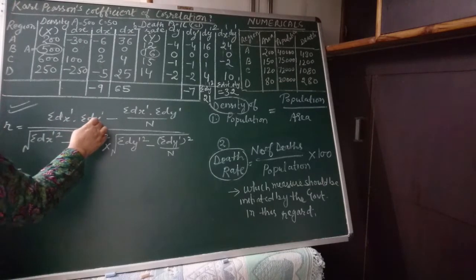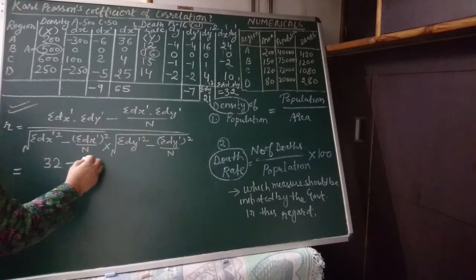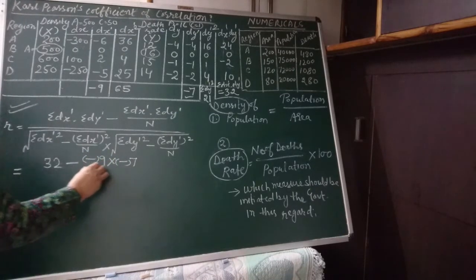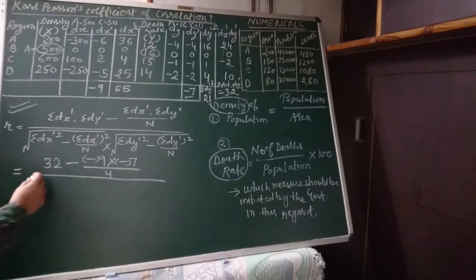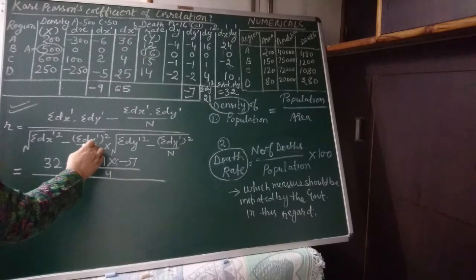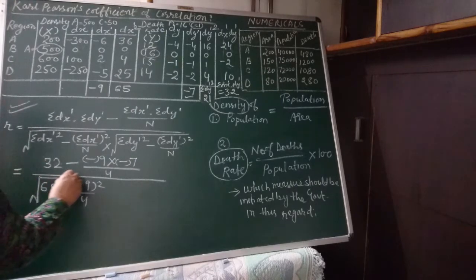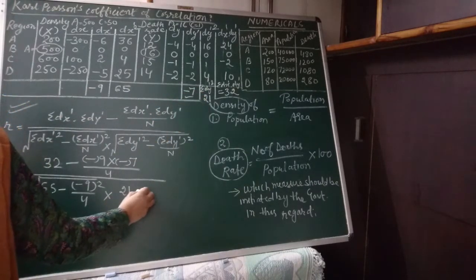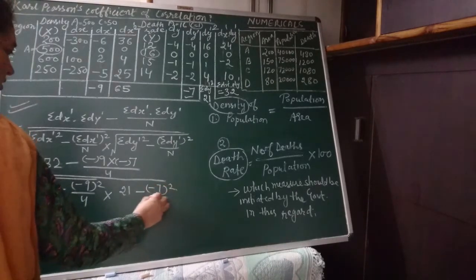Sigma dx dash multiplied by sigma dy dash, that is 32 minus sigma dx dash, which is minus 9, multiplied by minus 7, whole divided by the number of values, and there are only 4 calculations, so divided by 4, whole divided by the root of sigma dx dash square, which is 65 minus sigma dx dash, minus 9 whole square divided by 4, multiplied by the root of sigma dy dash square, which is 21 minus sigma dy dash, minus 7 whole square divided by 4.